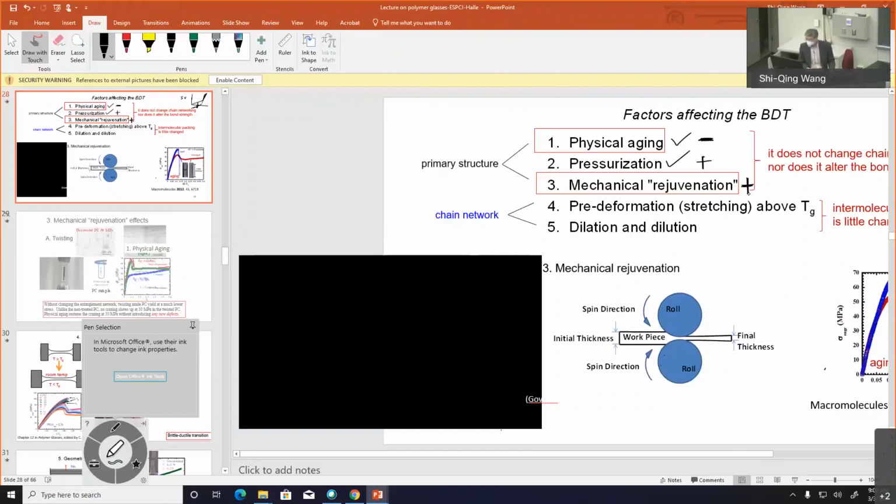And in today's language, I group the first three in one category, and the last two in the second category. And it all has to do with how to understand polymer glasses. Yeah. Second one and third one, good point. The second one also has pressure.